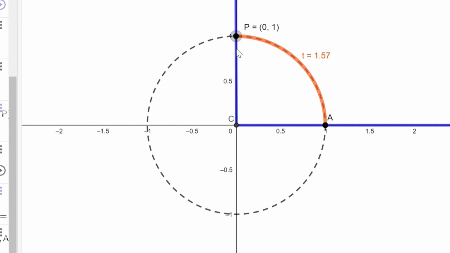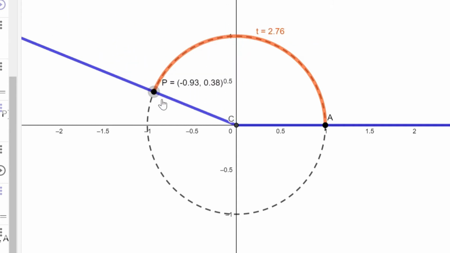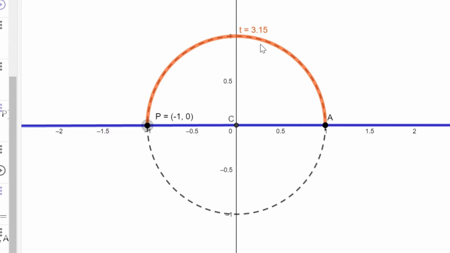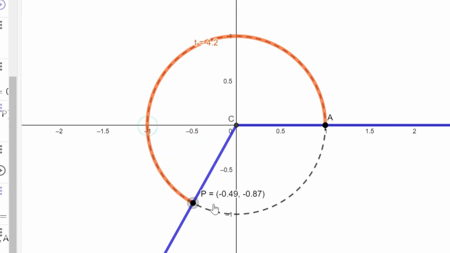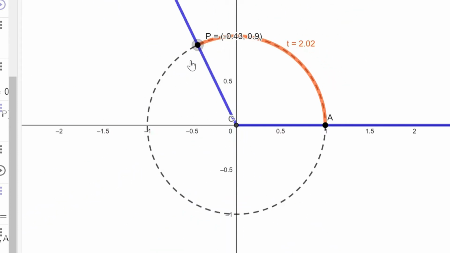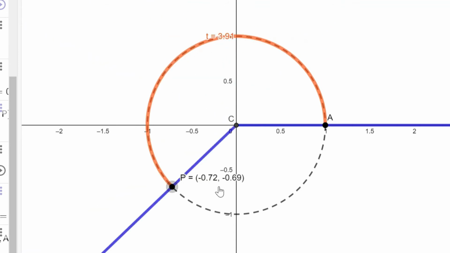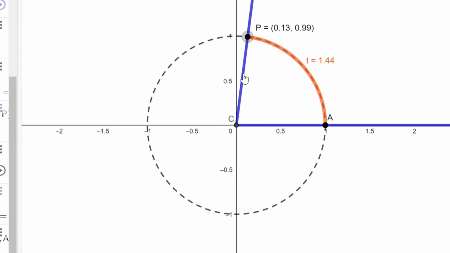When our arc length is pi over 2, which is approximately 1.57, the endpoint is P with coordinates 0, 1. When our arc length is pi, 3.14, the corresponding endpoint is P with coordinates -1 and 0. So here you can see that for every arc length, which is the radian measure of your angle, there is a corresponding endpoint with coordinates x and y.